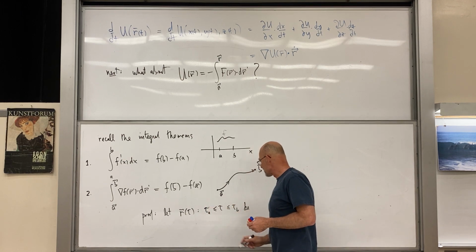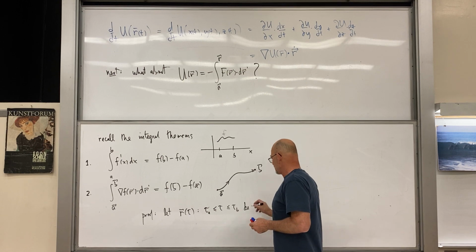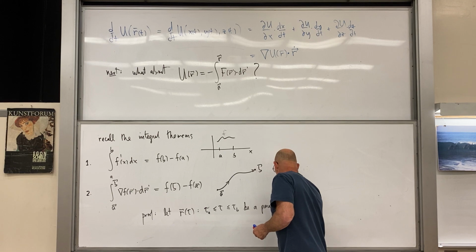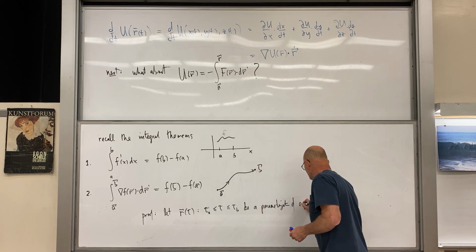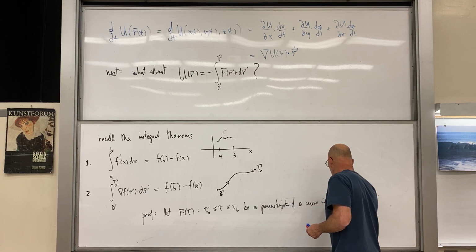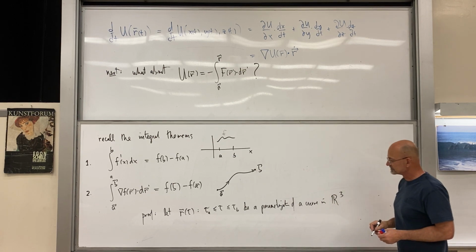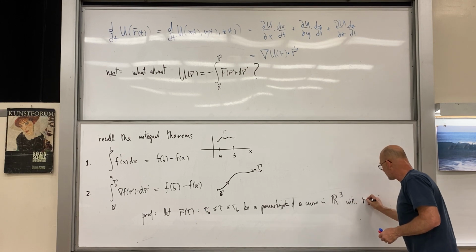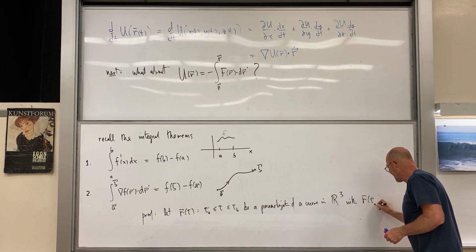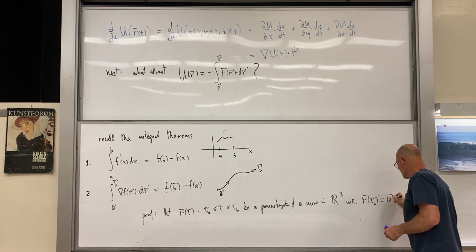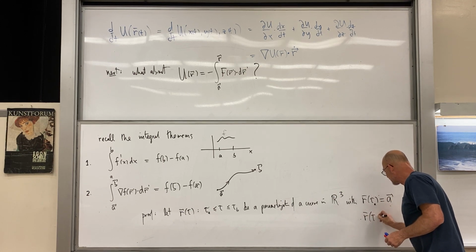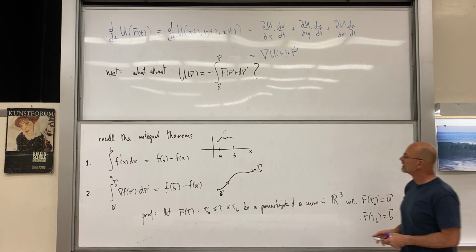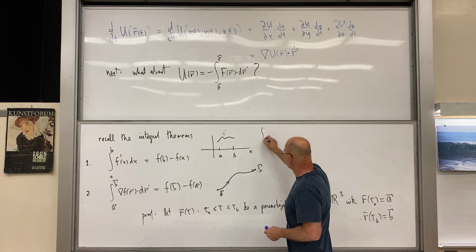Tau instead of t, be a parametrization of a curve in space with r of tau sub a equal to the point A, r of tau sub b equal to the point B in space. Let's see, I'll work up here.